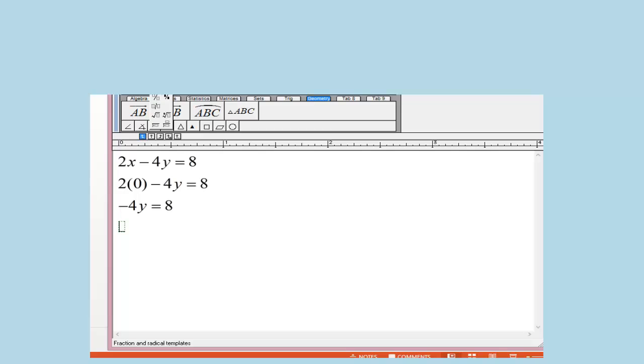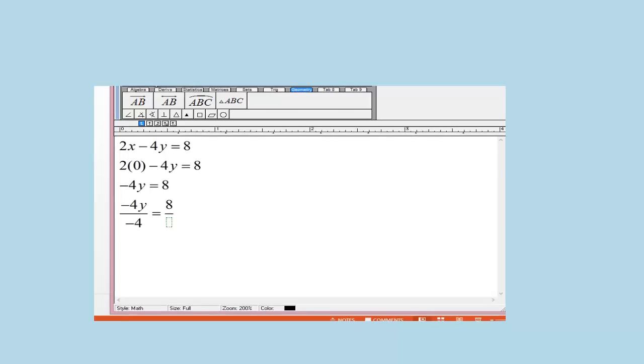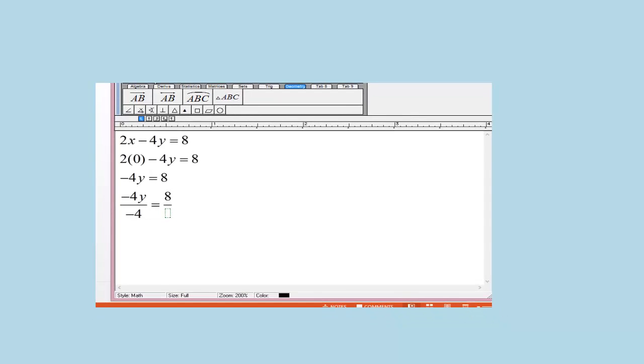In order for you to find the value of y, we must divide both sides of the given equation by negative 4. Therefore, the value of y equals negative 2.